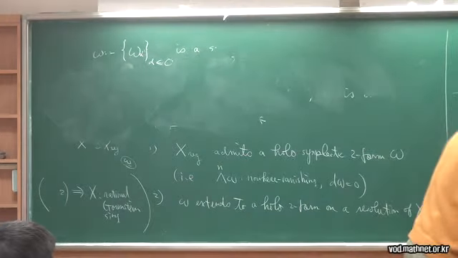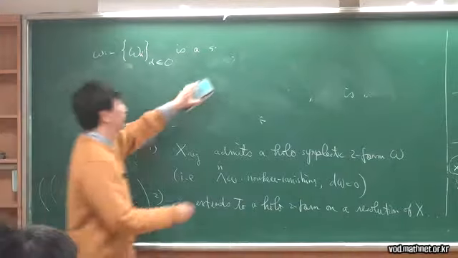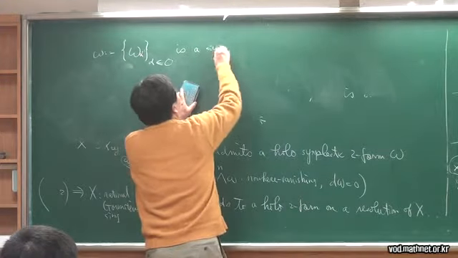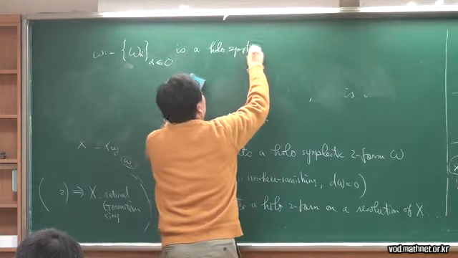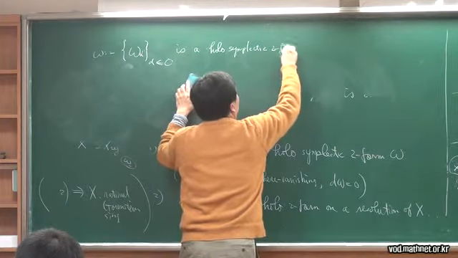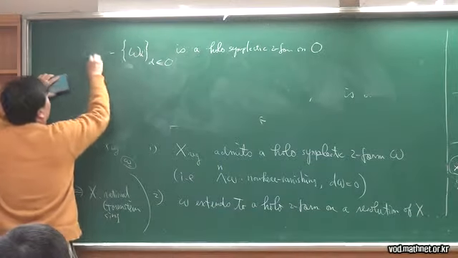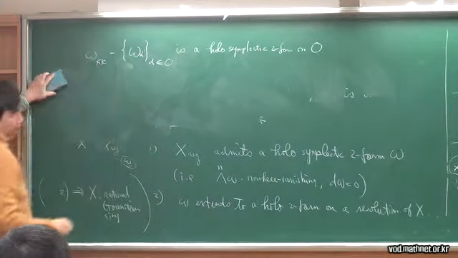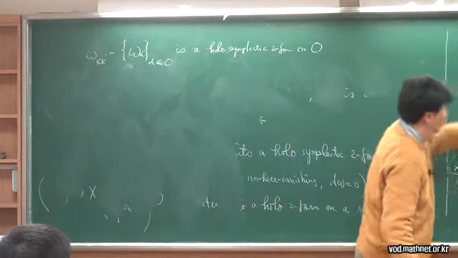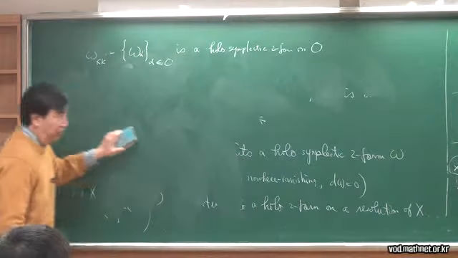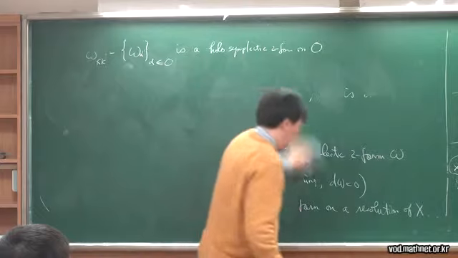One can check that it is d-closed by using the Jacobi identity of the Lie algebra. So this is the holomorphic symplectic 2-form on O, and we call this the Kostant-Kirillov 2-form. So O is a smooth symplectic variety in a sense.